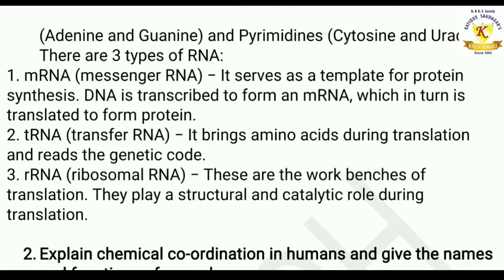It brings amino acids during translation and reads the genetic code. Third type is rRNA, that is ribosomal RNA. These are the workbenches of translation. They play a structural and catalytic role during translation.